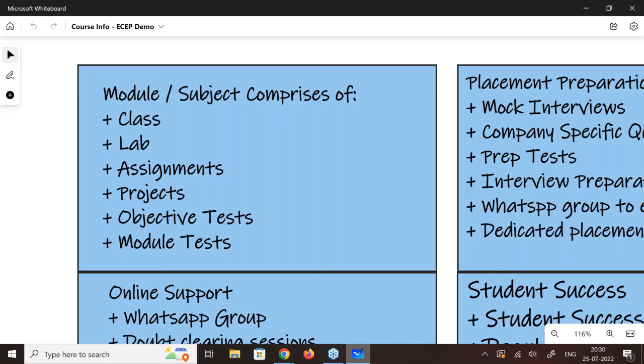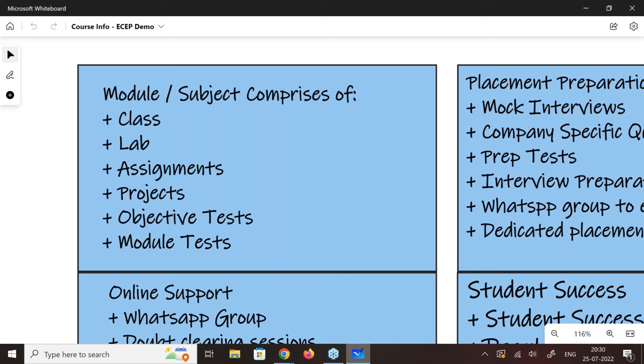These objective tests and module tests will help you solve interview-based questions. And when you attend the interviews, it's going to be very easy for you. Most of the students who have done our course find it easy to clear the company-based tests and company-based interviews. And your grading is done based upon all these components. We'll grade you, and you can also see your grade and your progress in the learning management system.